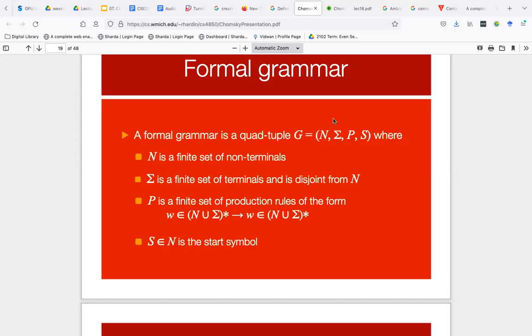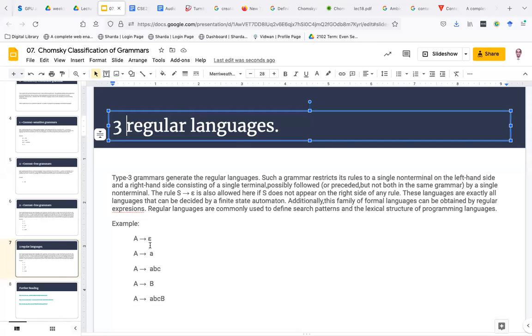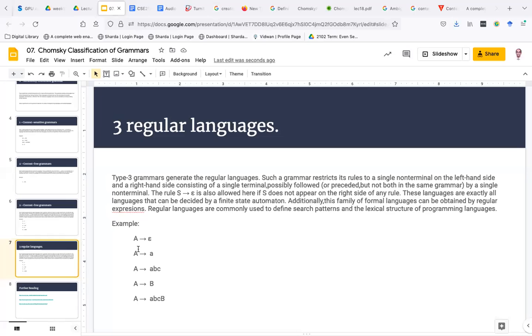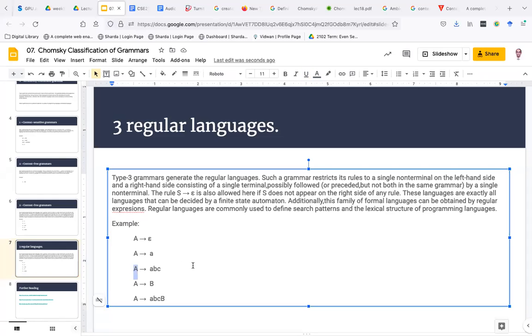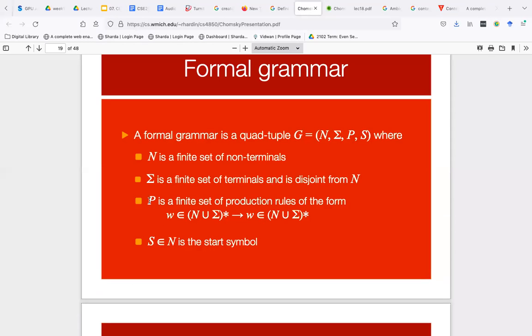Now, N and sigma, in terms of, if you just look here, left and right here, normally when we define a grammar, we use this kind of a representation to represent your grammar. उसको हम बोलते हैं production rule.